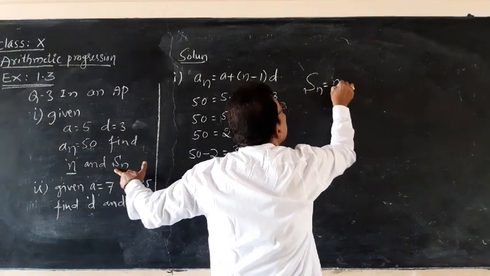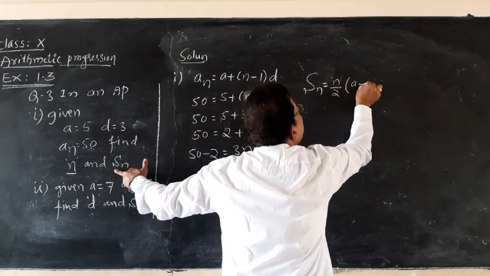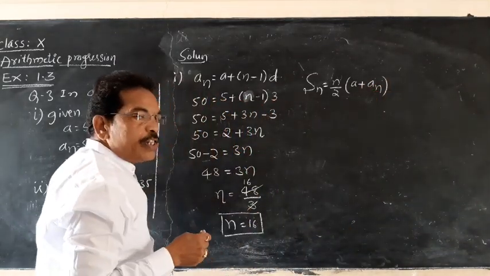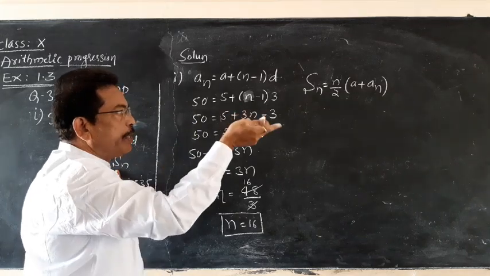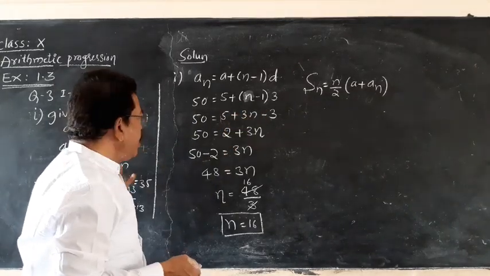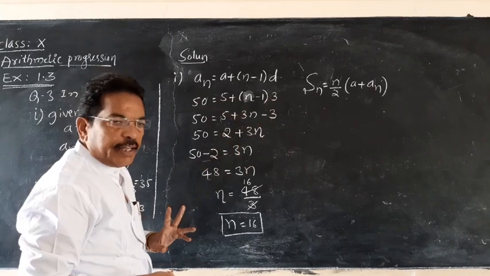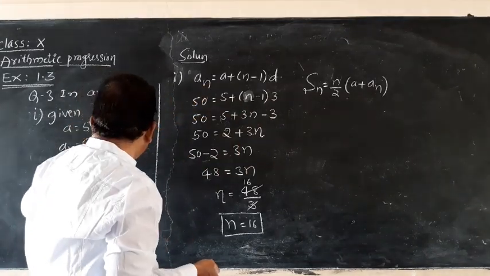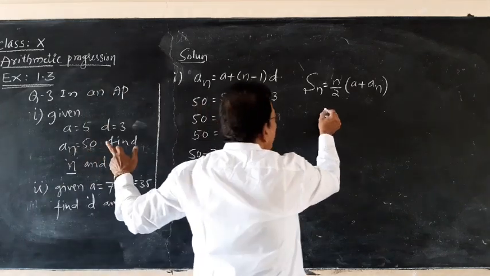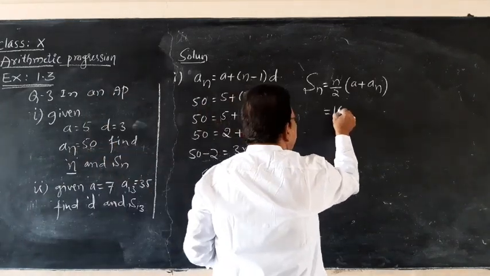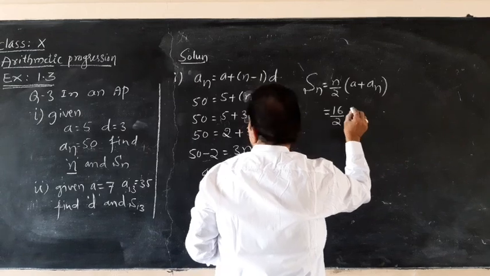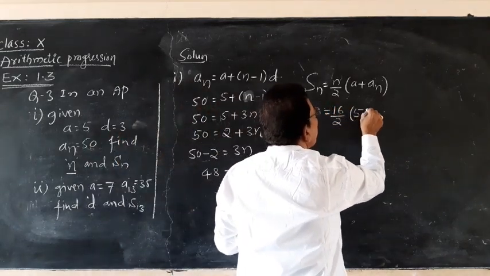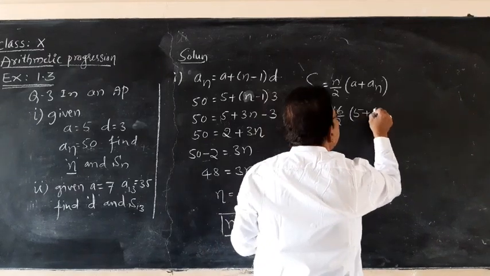Then Sn equals n by 2 in the bracket a plus an. Why have I written this formula instead of n by 2 in the bracket 2a plus n minus 1 into d? Because the last term an is given. So we have to utilize that given value, that is n by 2, n is 16, a is 5 plus an 50.